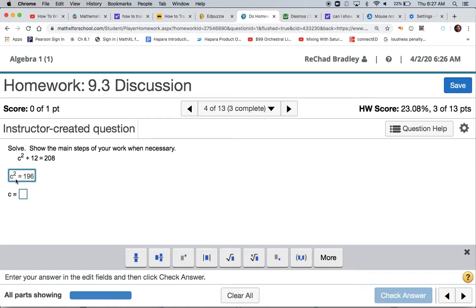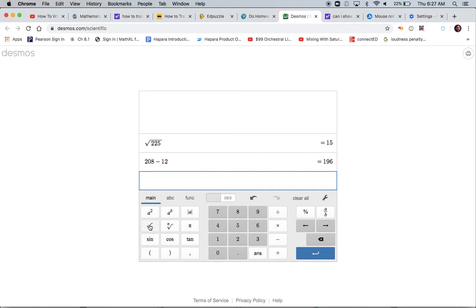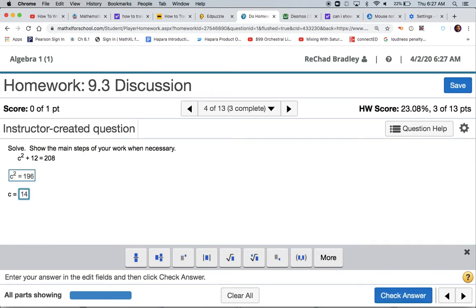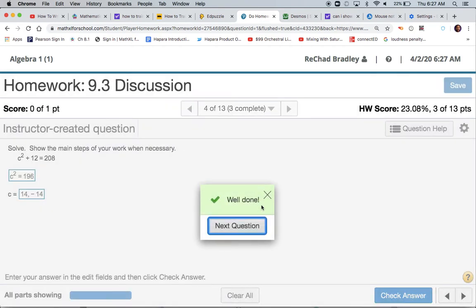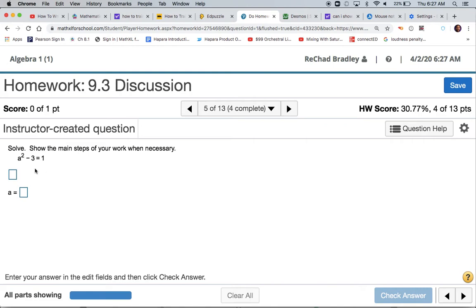And then you will do square root of 196 to get, as it says over here, 14. So 14 and negative 14. Not a hard section. Again, as long as you practice like you're supposed to, I think you'll be fine. You'll realize that this isn't so bad.